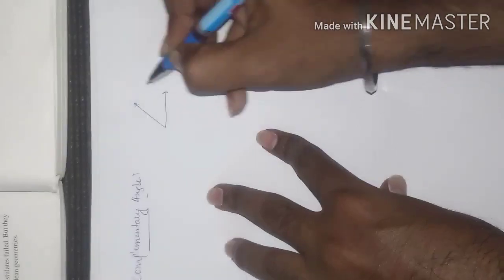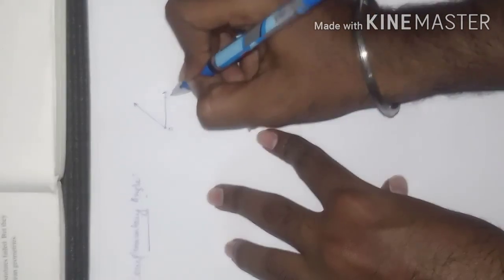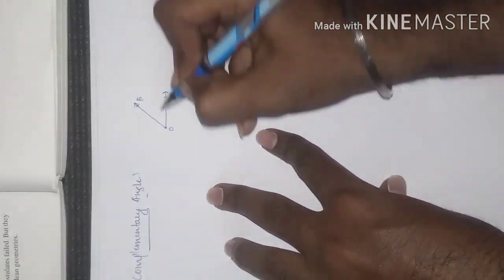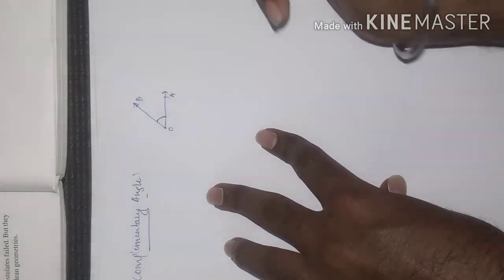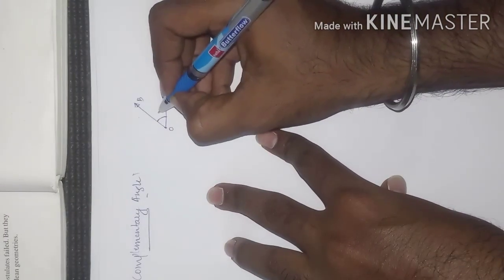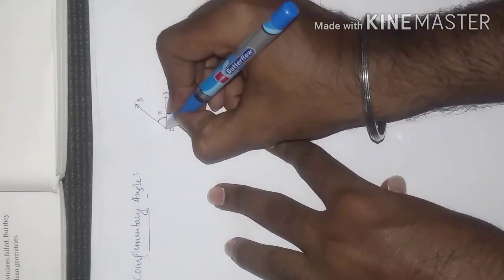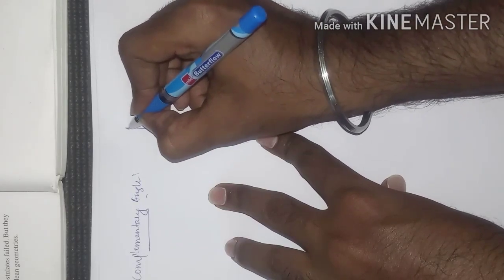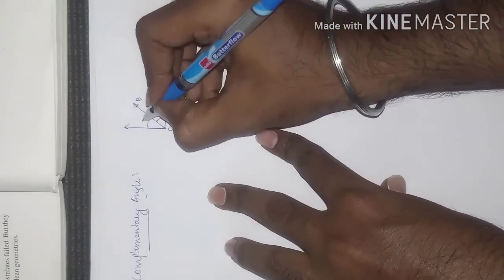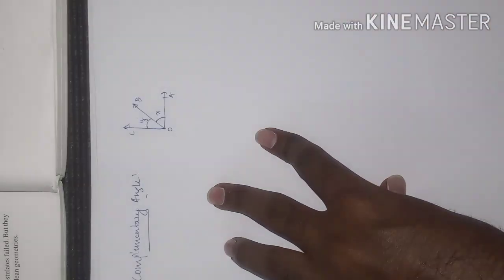I will write here a ray OA and this is OB. This is one angle which is formed here, and I will name it as X. One more angle I will show over here, and this is angle Y, and this is the ray OC.